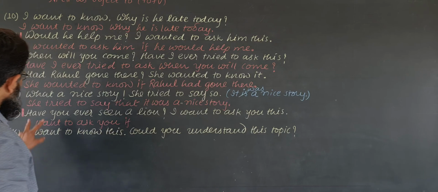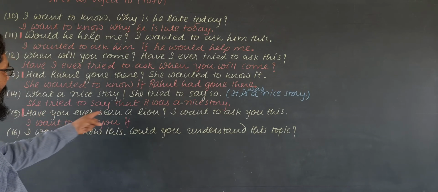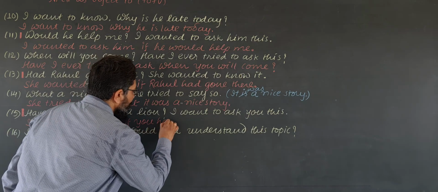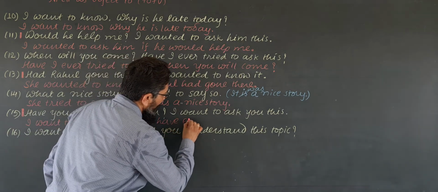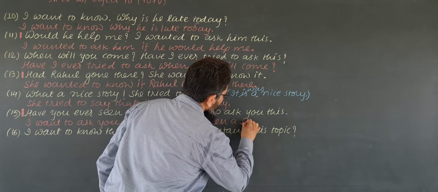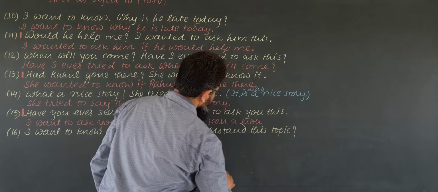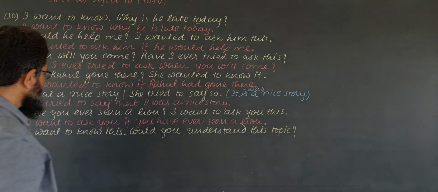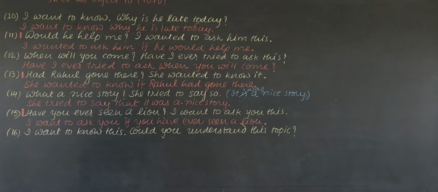Have you? You have. If you have ever seen a lion, and then comes full stop, because the main clause is full stop. I want to ask you if you have ever seen a lion.